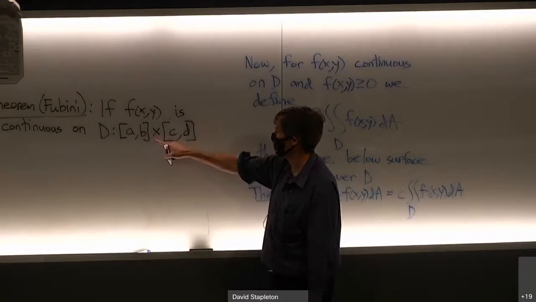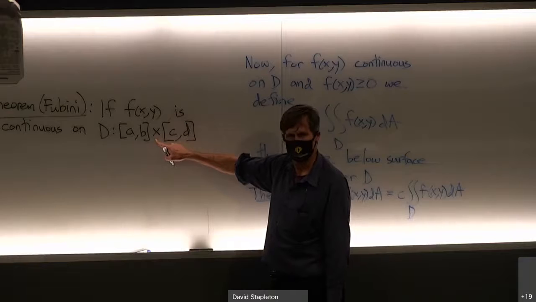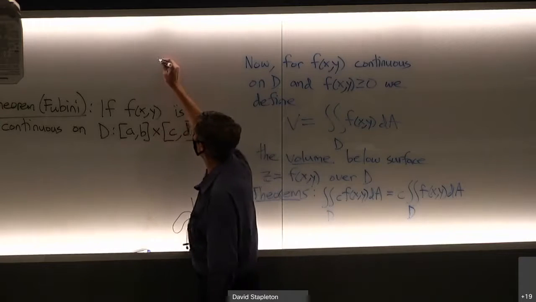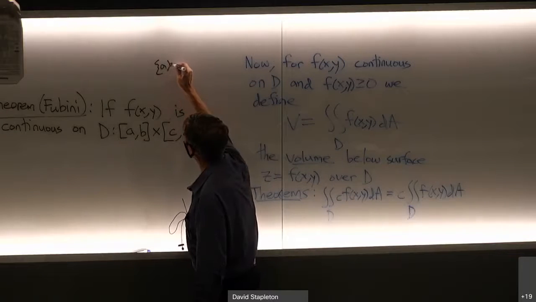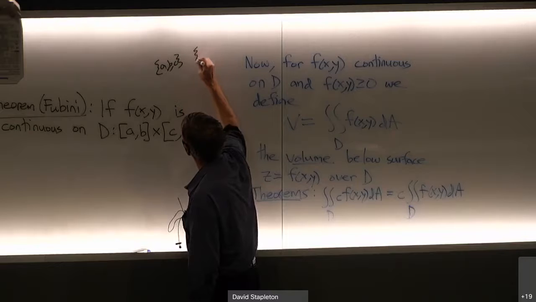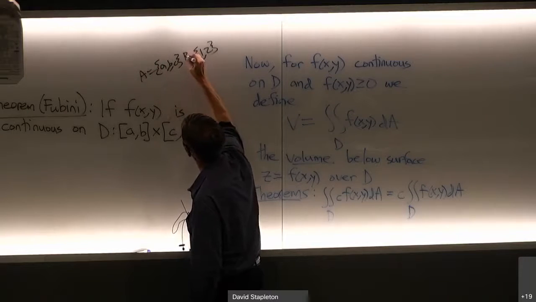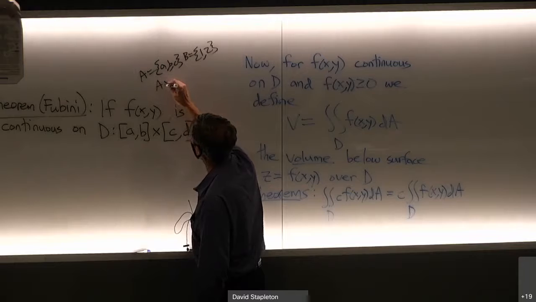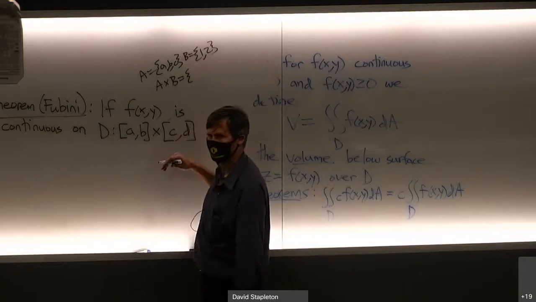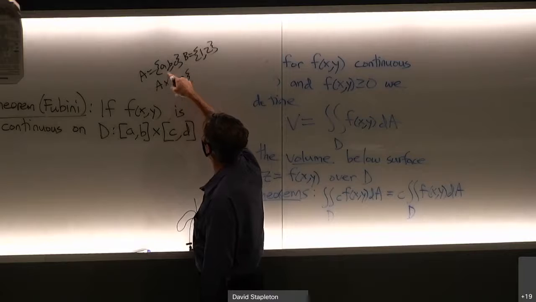Yeah, it's not the cross product, it's the Cartesian product. Remember the Cartesian product: if I take two sets, A and B, here's set A and here's set B. What's the Cartesian product of A with B? It's the set of all ordered pairs where the first one comes from A and the second one comes from B.